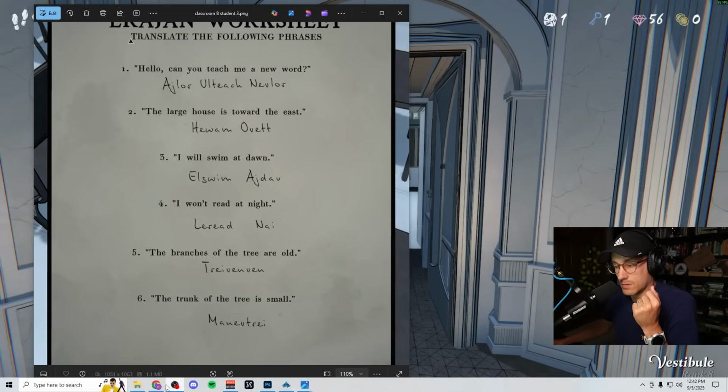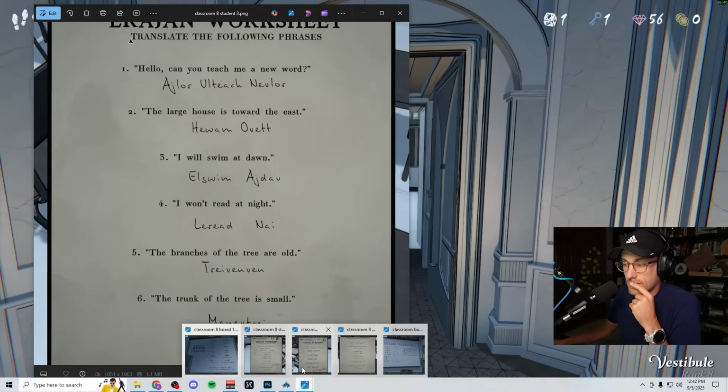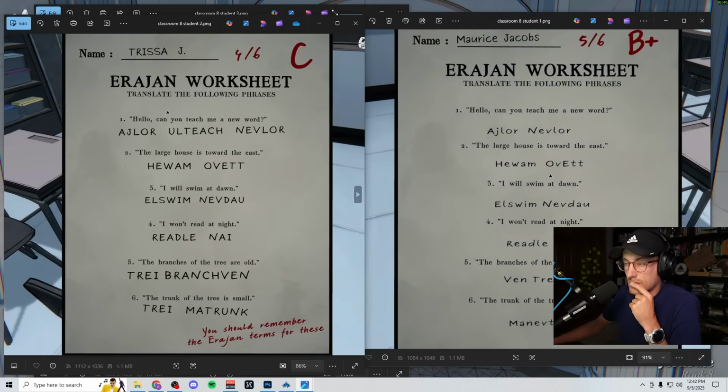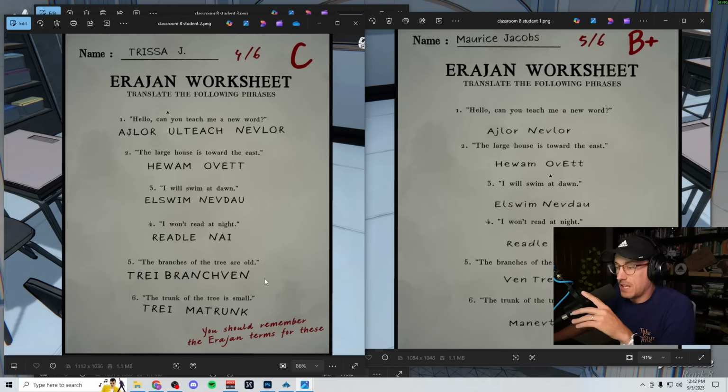Uh-oh. Tree branchvin, I feel like is probably wrong. And then this one is wrong. The trunk of the tree. Ah, so this is a two-part.